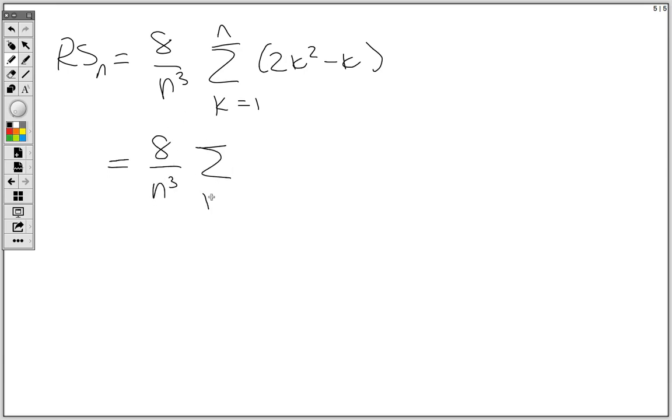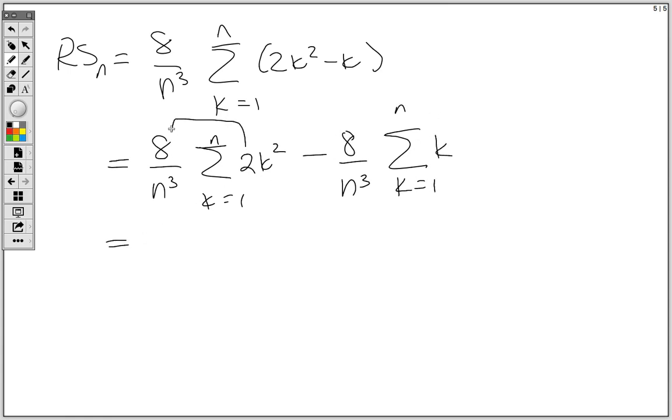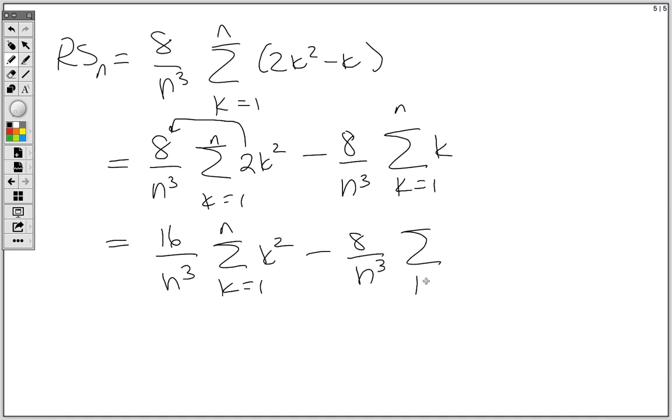So I'm going to have the sum k from 1 to n of 2k squared, minus 8 over n cubed times the sum k from 1 to n of k. The distributive property says I can pull that 2 out to get a 16 over n cubed, sum k goes from 1 to n of k squared, minus 8 over n cubed, sum k goes from 1 to n of k.